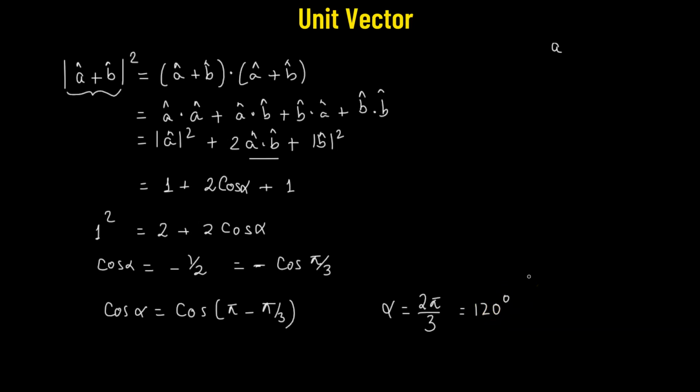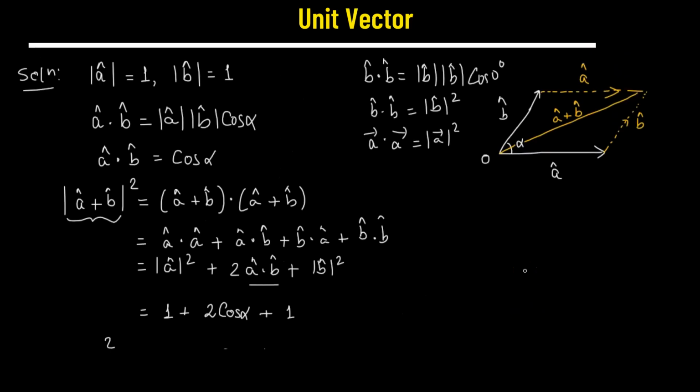So in our diagram, this diagram looks as if alpha is an acute angle, but in fact it's an obtuse angle. So if we redraw our diagram, this will be A cap, let's say this is B cap, and the angle between them is 120 degrees in that case.